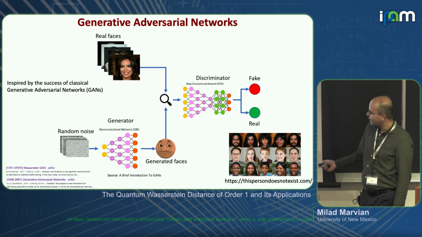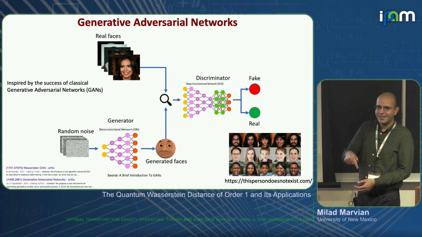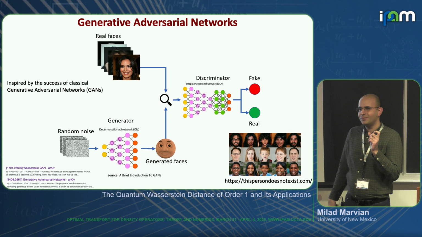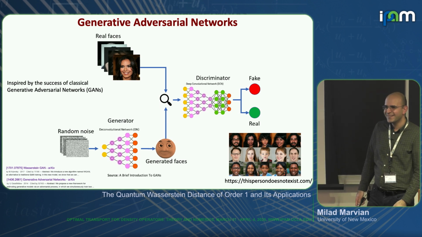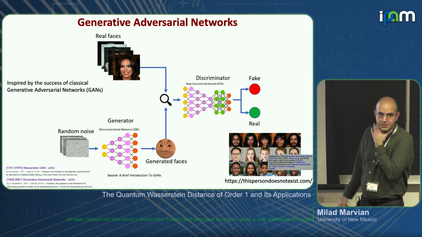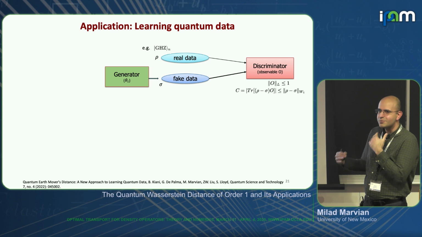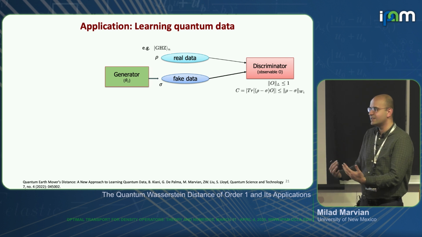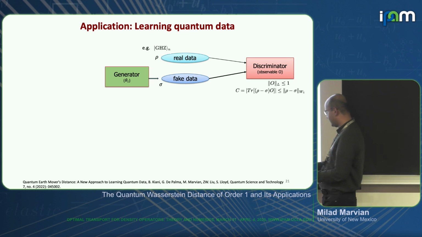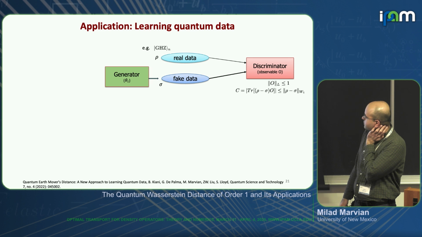This is very applicable: if you go right now to the website This Person Does Not Exist and you click, it generates a face of a person that does not exist, as it should. And they usually use this algorithm. And this is just motivation for some numerical simulations to see how far this property of the landscape exists.